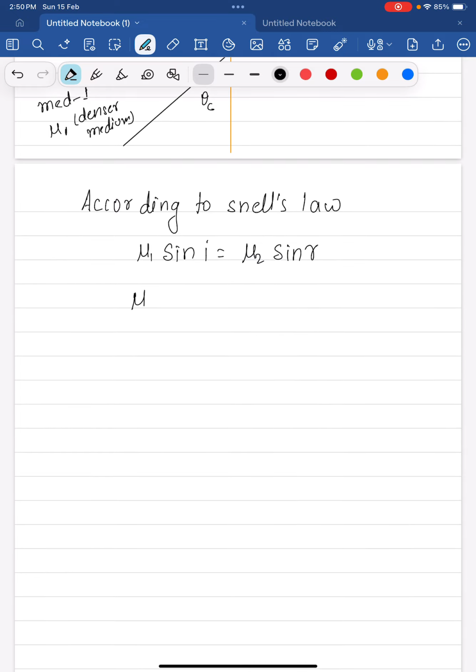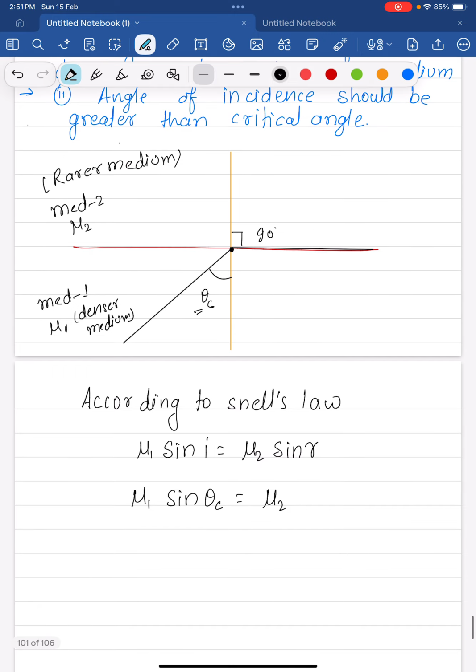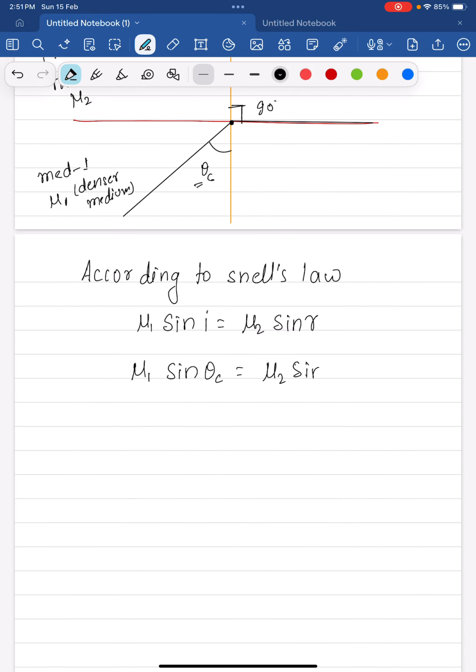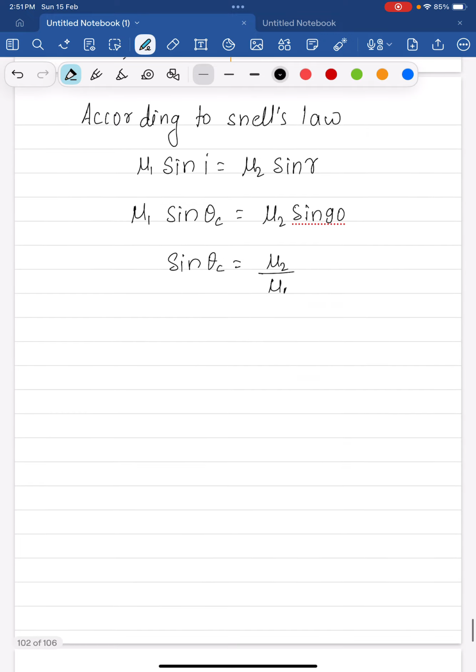So mu1 sin theta c, where the angle of incidence is theta c, is equal to mu2 sin r, and the angle of refraction is 90 degrees. The value of sin 90 is 1. So sin theta c will be equal to mu2 by mu1. So theta c will be equal to sin inverse of mu2 by mu1.